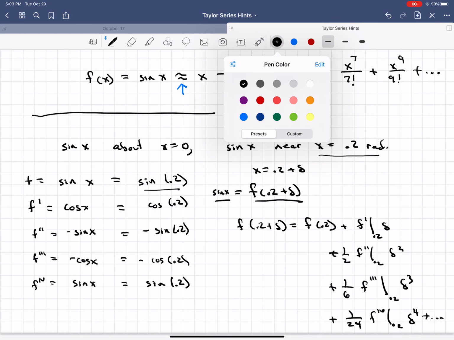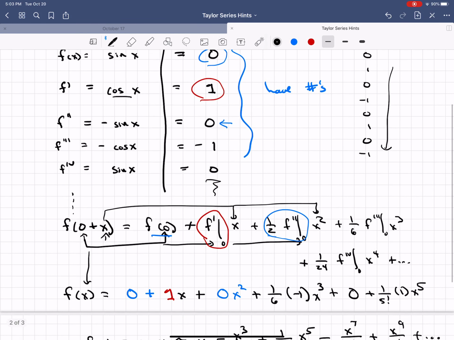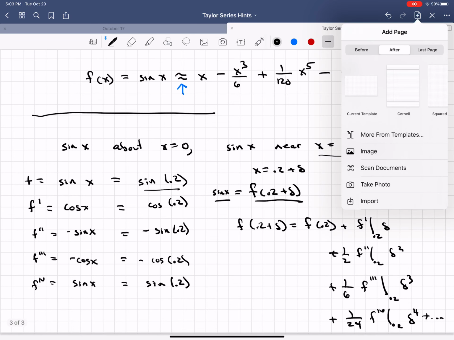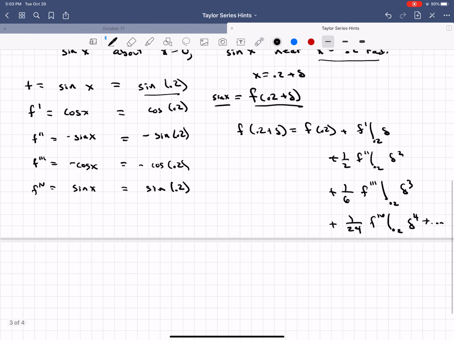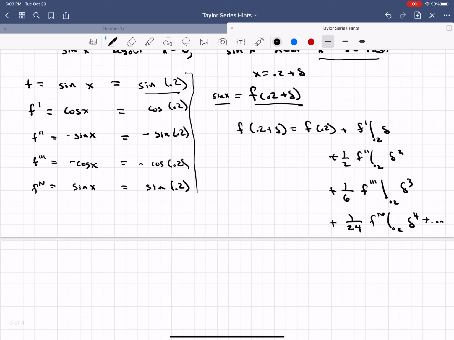And so I have here my values tabulated, right? So I'm thinking that I have these as numbers, but I'll just write them in here. So f at 0.2 plus delta then becomes the sine of 0.2, whatever that number was, plus the cosine of 0.2 times delta, plus a half times minus the sine of 0.2 times delta squared, plus a sixth times what I need.